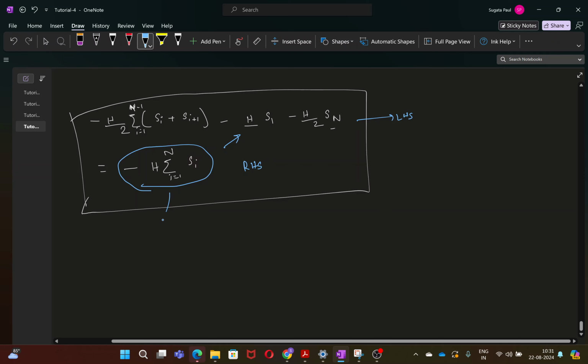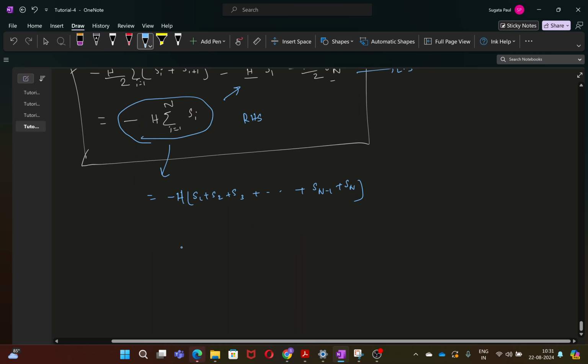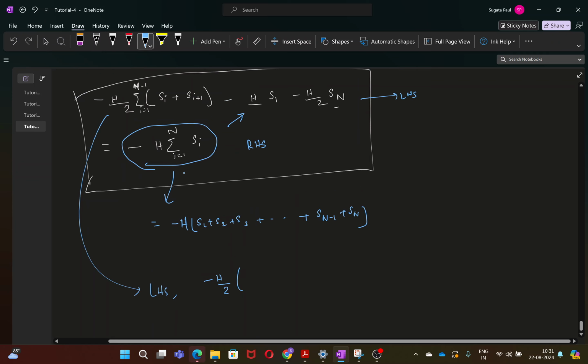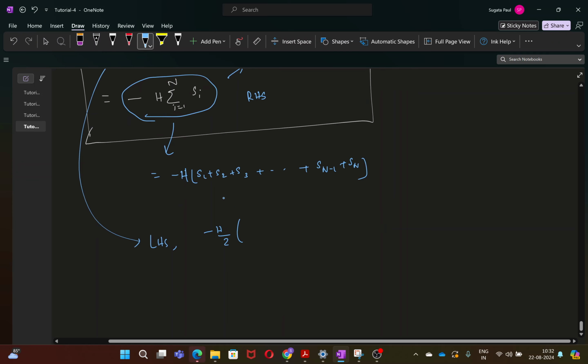So say if you have this RHS, which is simply minus h times S1 plus S2 plus S3 plus dot dot dot plus S n minus 1 plus up to Sn, right? Then for LHS, if you compare what is the LHS value, you see that this is again minus h by 2, then this sum of Si plus 1 going from i equal to 1 to n minus 1.